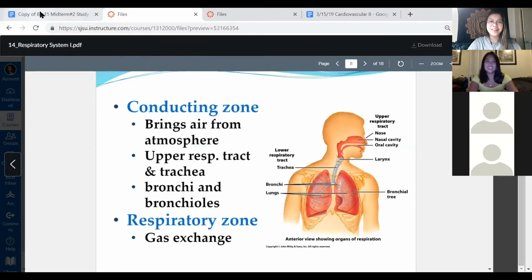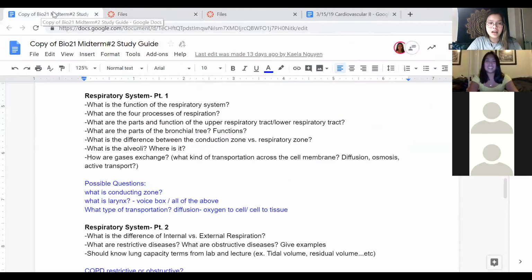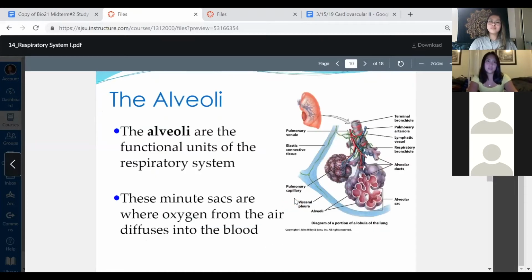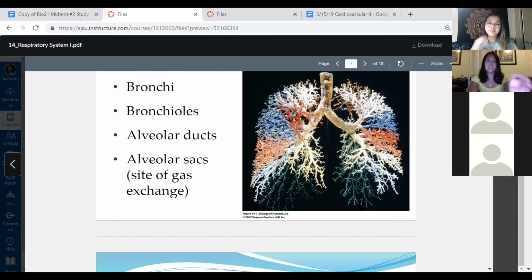So what is the alveoli and where is it? Going back to the tree, it's the very last, very smallest part of the tree, and that's where the gases are exchanged inside your lungs.